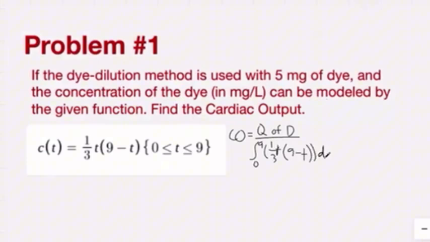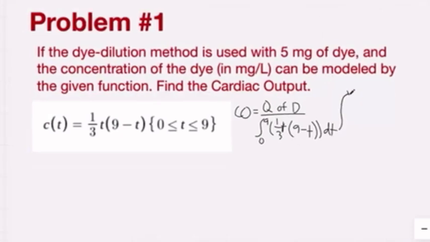So first we're going to isolate that bottom function. And so that will be 1/3 times 9t squared over 2 minus t cubed over 3. And that's already the antiderivative we have here, between 9 and 0. Okay.